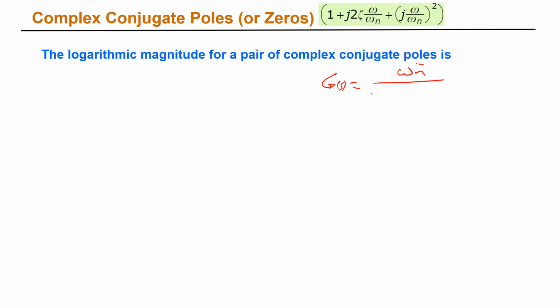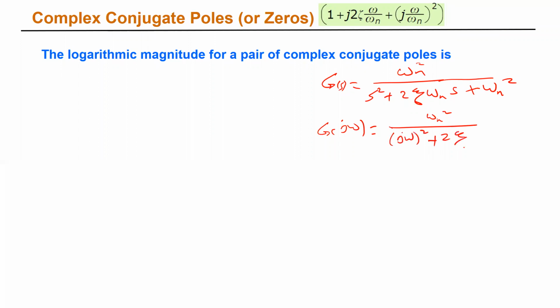Okay. Now suppose I have a second order system, omega n square over s square plus 2 zeta omega n s plus omega n square. I want to show you where this term came from. So G of j omega equals omega n square over j omega square plus 2 zeta omega n j omega plus omega n square.